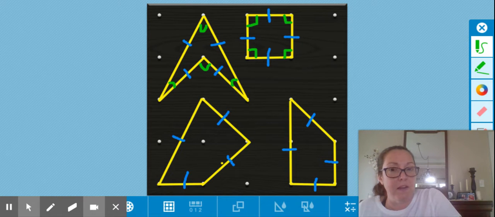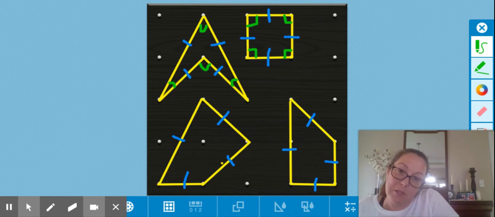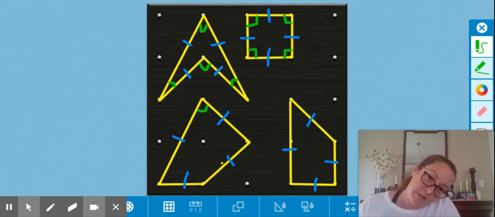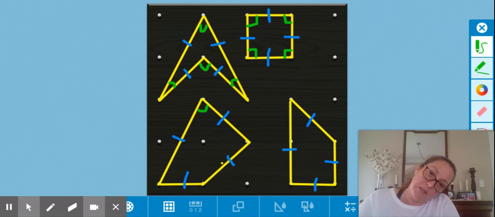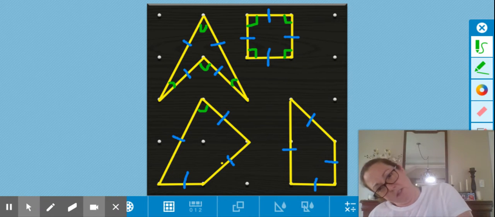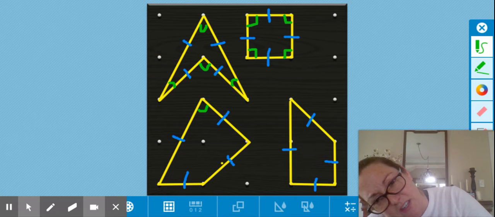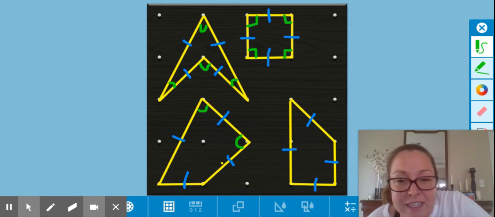Okay. All right. Then you've got down here, this one looks a little too small. This one, I'm trying to look at it right here. This one looks a little too, well, gosh, this one's hard to see. That one almost, I'm just going to call it an angle because I'm not for sure if it's right or not. It's kind of tricking me.